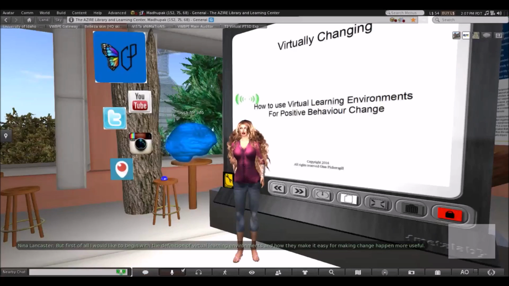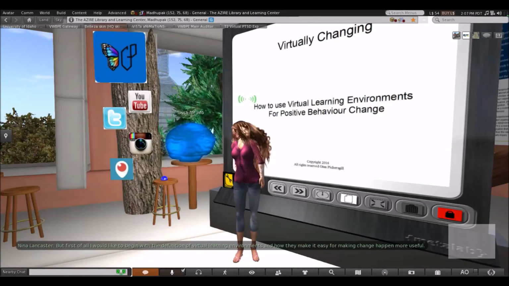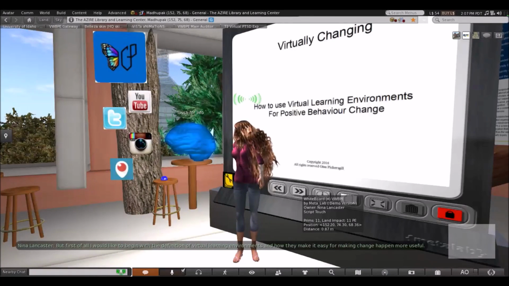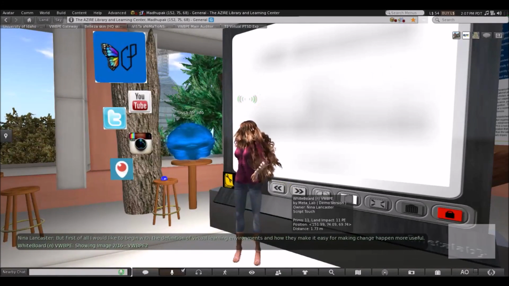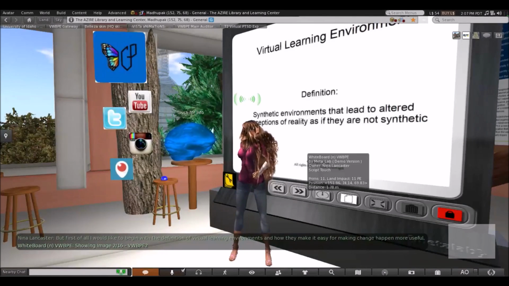So first of all, in order to understand what we're working with here, I'd like to start with a definition of what a virtual learning environment actually is and how they can make change happen usefully.